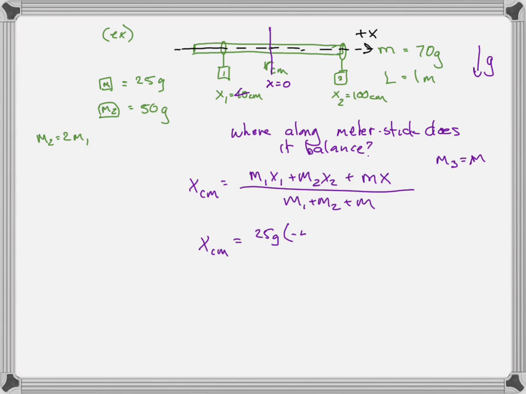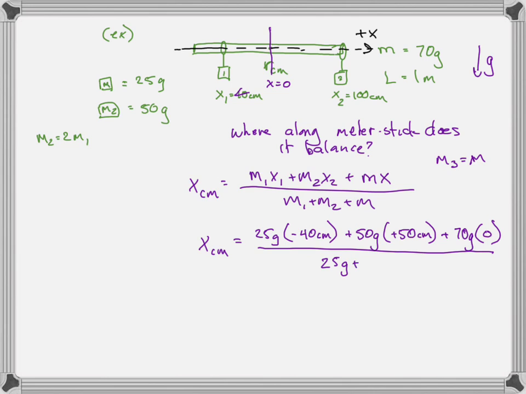It's at minus 40 centimeters, 40 centimeters to the left of the origin. m2 is 50 grams, x2 is plus 50 centimeters. And m, the mass of the meter stick, is 70 grams, and the position is 0, because the position of the meter stick is at its center at 50 centimeters, which is where we put the origin. Still over m1 plus m2 plus m3.